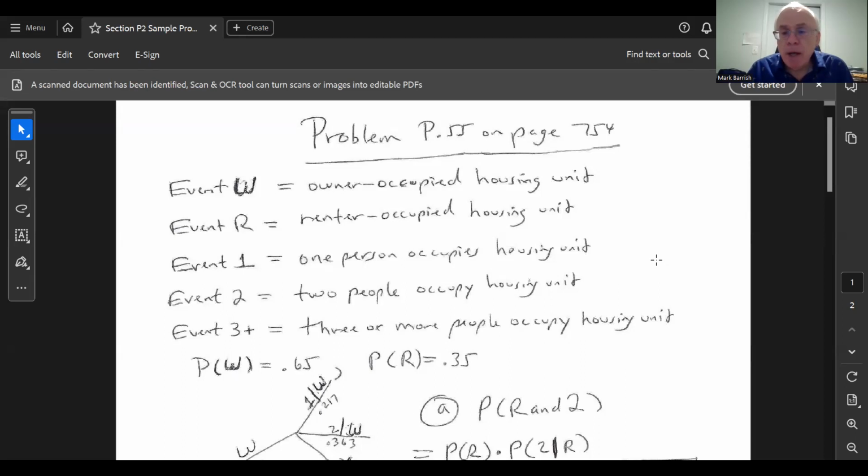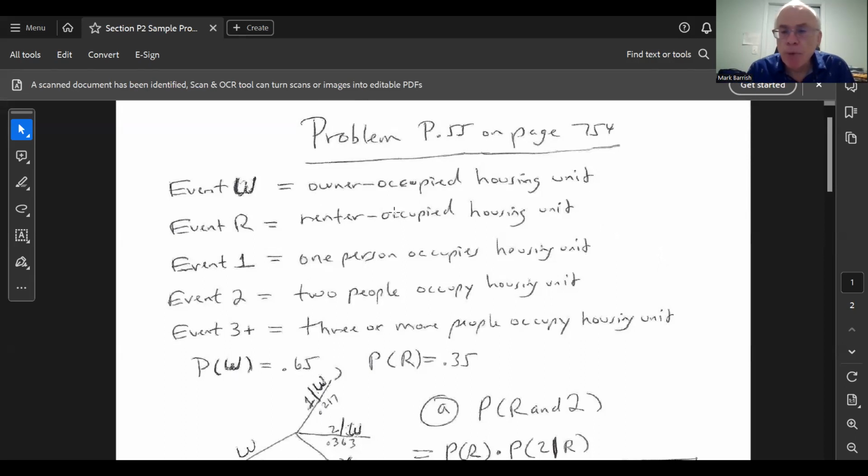All right, now, as with other probability problems, as I showed you in class, it would be helpful to use capital letters or even numbers in this case, if they're useful, to represent events. So these are the letters that I use. I use the letter W for owner occupied housing unit.